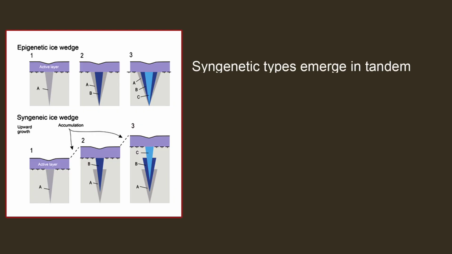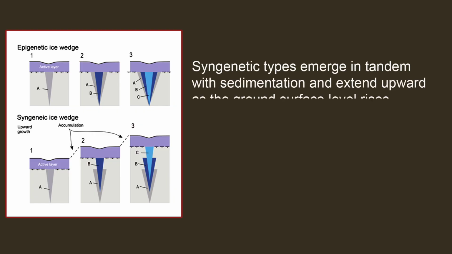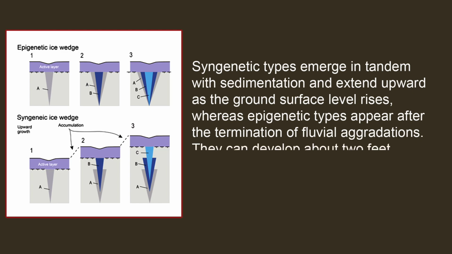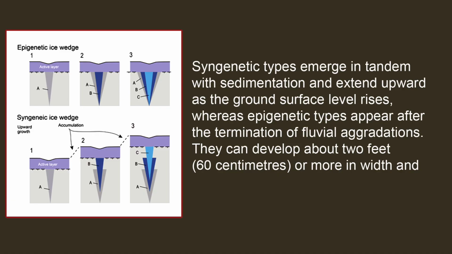Syngenetic types emerge in tandem with sedimentation and extend upward as the ground surface level rises, whereas epigenetic types appear after the termination of fluvial aggradation. They can develop about 2 feet, that is 60 centimeters or more in width, and 3 to 15 feet or more in depth.